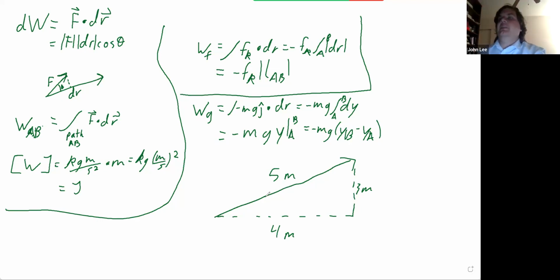What you're going to see when you look at the work isn't mg times 5 meters. It's not force times the 5 meters that you're moving along the path. It's going to be force dot the path that you're moving.